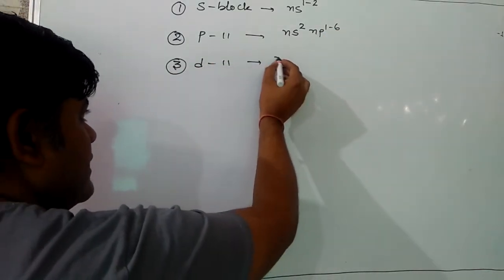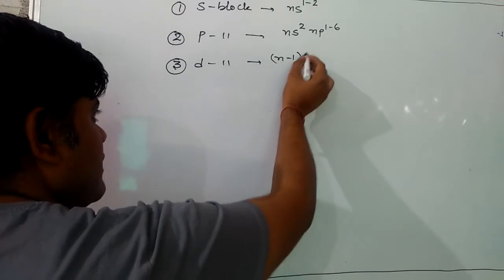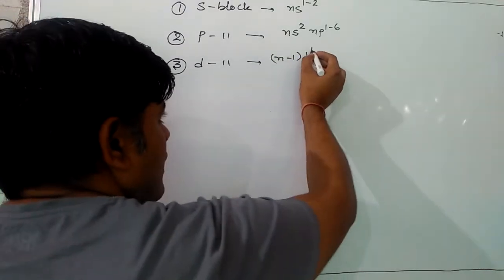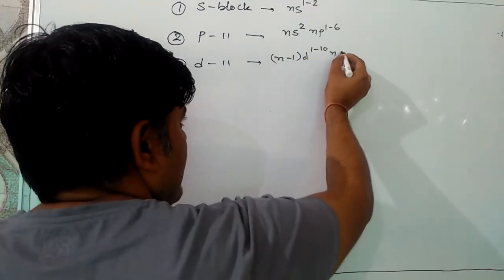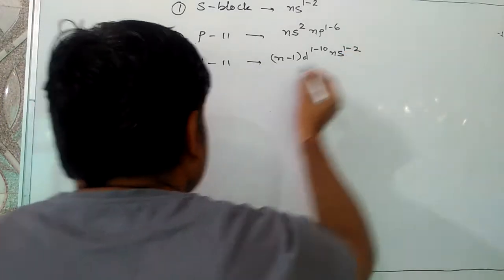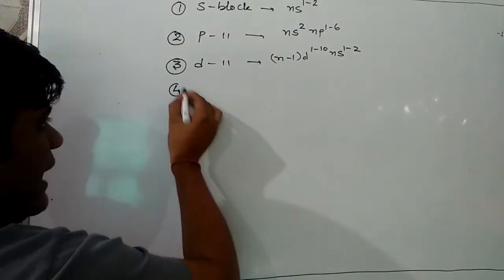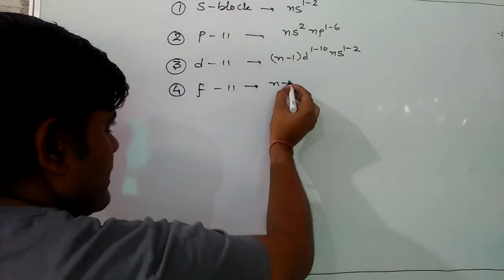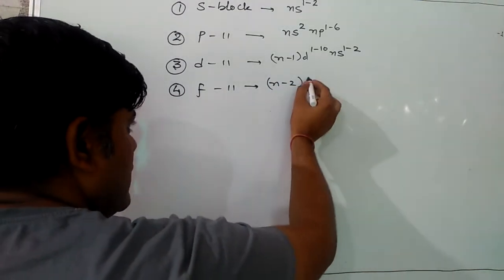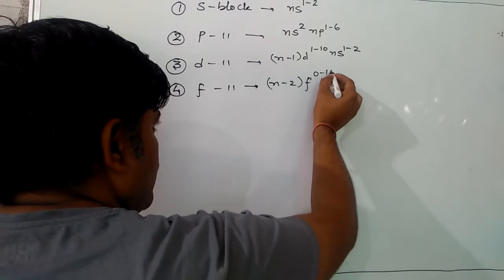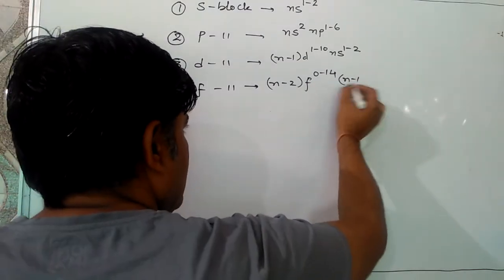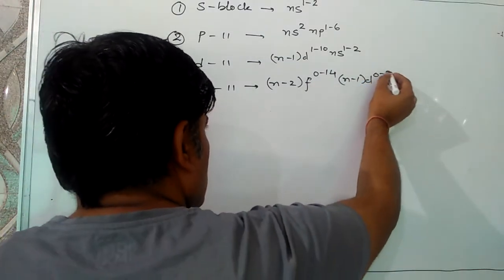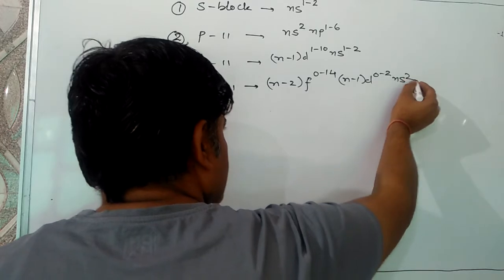Their general configuration is (n-1)d1 to 10, ns1 to 2. And the fourth are the F block elements. Their general outer shell configuration is (n-2)f0 to 14, (n-1)d0 to 2, ns2.